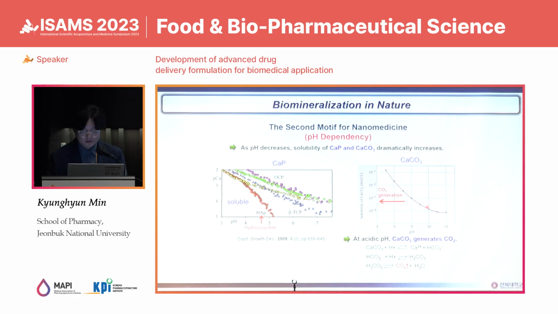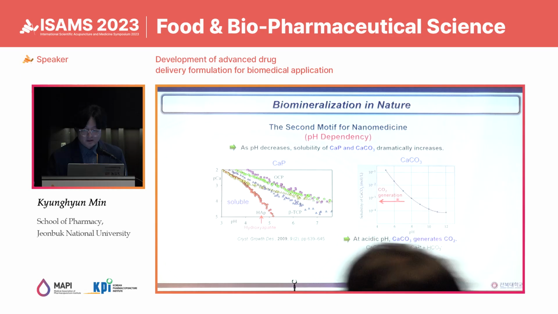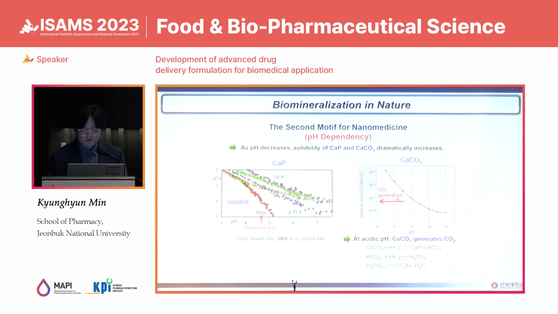For example, at the physiological pH, the solid calcium carbonate network is preserved, but within the endosomal or tumoral acidic environment, the pH level is much more acidic, and the calcium carbonate mineral network dissolves and generates carbon dioxide gas.